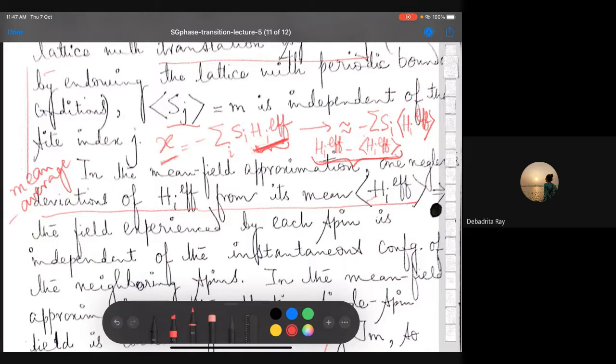Incidentally, I would like to mention something which is relevant and pertinent at this point: you probably have heard or read about Giorgio Parisi winning the Nobel Prize in Physics.